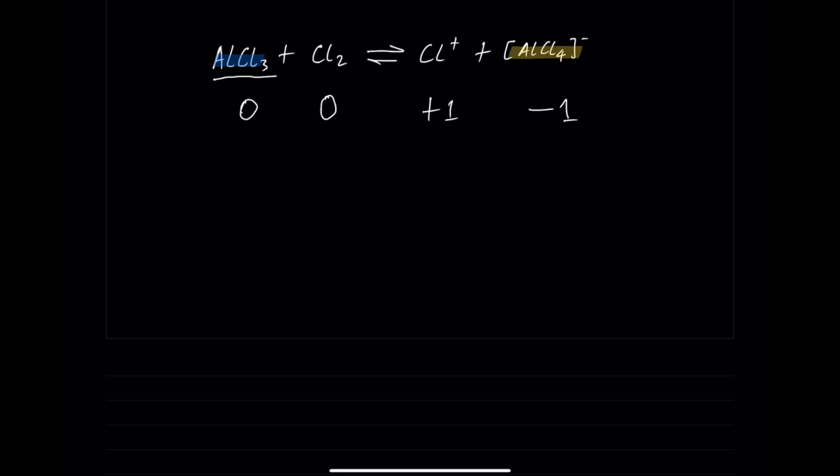Here we have technically our base, and this is our conjugate acid, because if equilibrium shifted to the left, this Cl+ here would gain a lone pair of electrons to reform Cl2, and this AlCl4- would donate a lone pair of electrons to form AlCl3, as well as a Cl- here to reform Cl2. And when it does this, it's acting as a base because it's donating a lone pair of electrons.